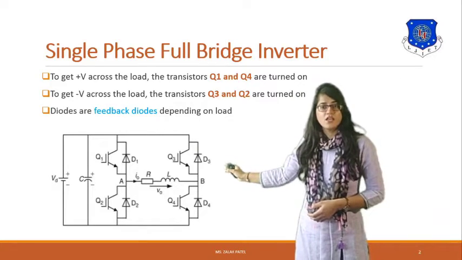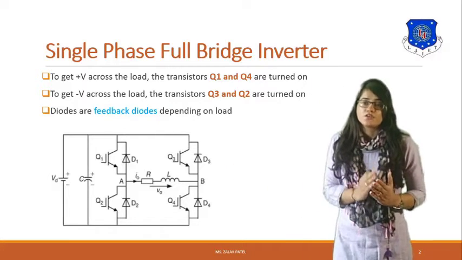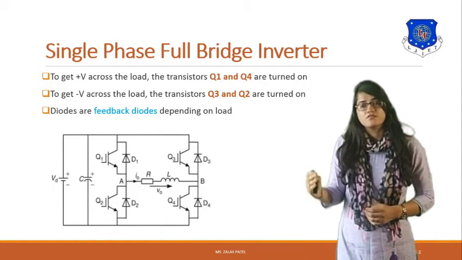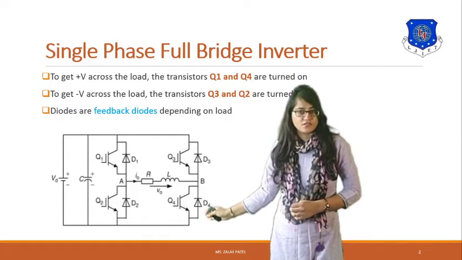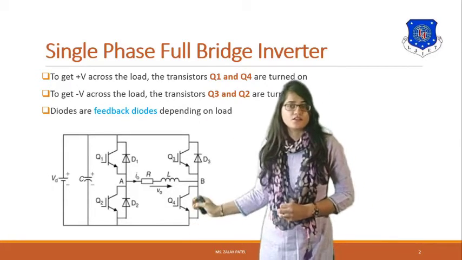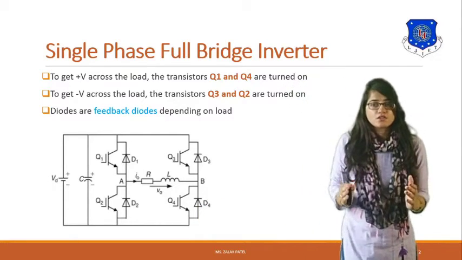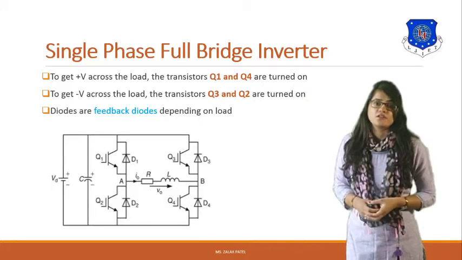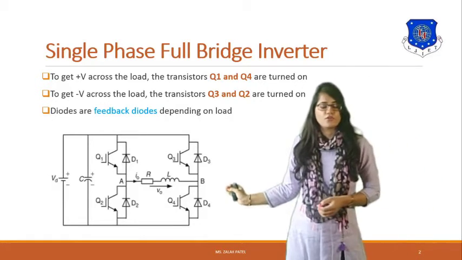Here you can see that the voltage is applied and across it the Q1 transistor is with diode D1 and the Q4 transistor is with diode D4. So across this transistor and diode structure, the load will appear.